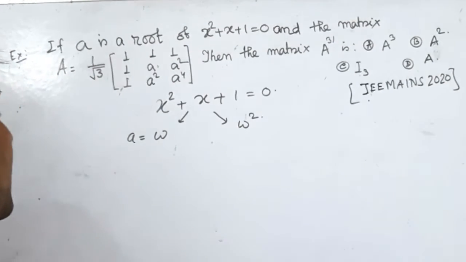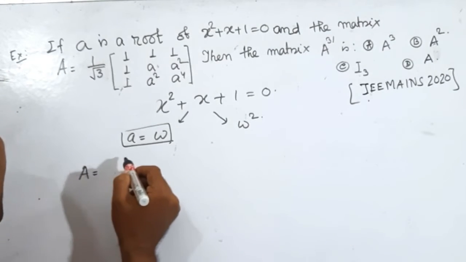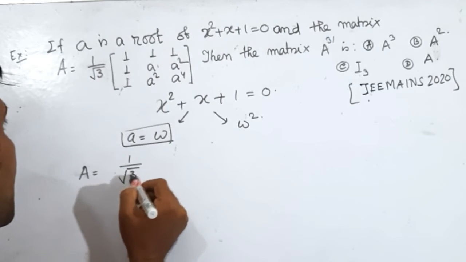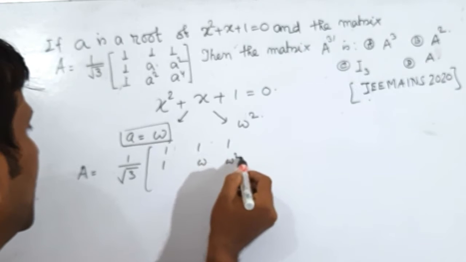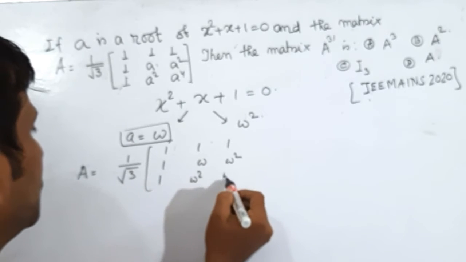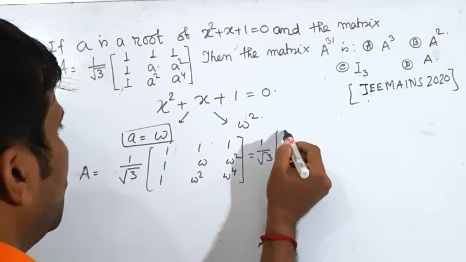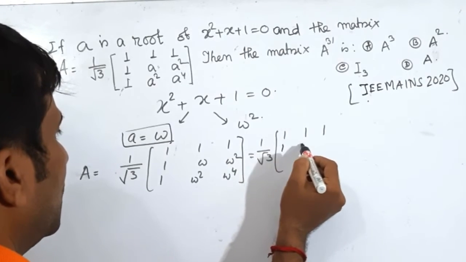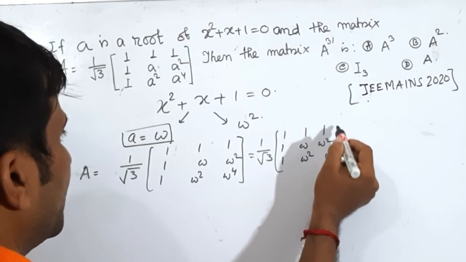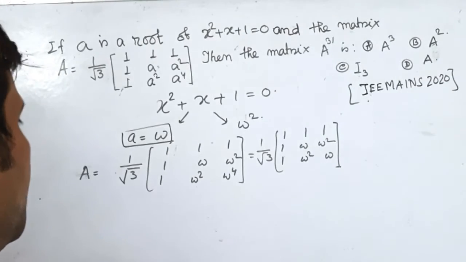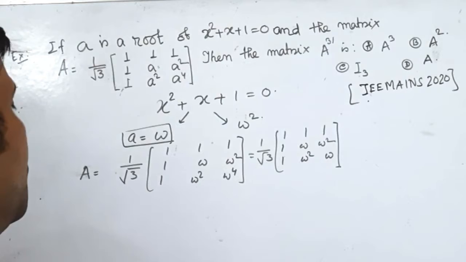Now we suppose that alpha is omega, then A is equal to 1 by root 3 times [1 1 1; 1 omega square 1; omega square omega to the power 4], and this can be written as 1 by root 3 times [1 1 1; 1 omega square 1; omega square omega]. Now we have to find out the value of A to the power 31.